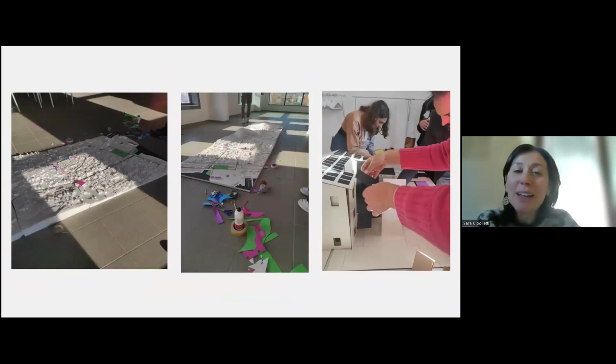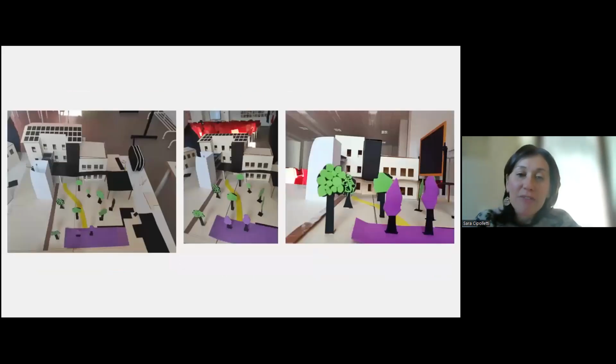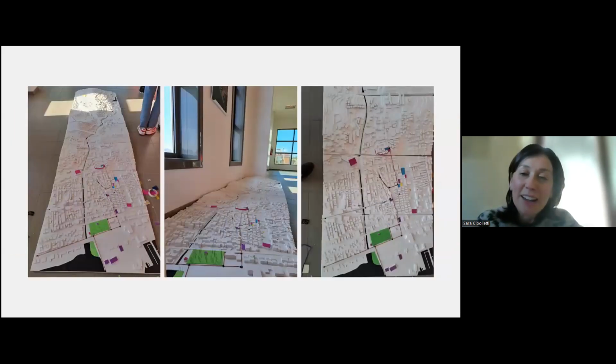teenagers in the beginning are really shy, and then little by little they approach this model. It was very funny. And then they also put green elements and so on.